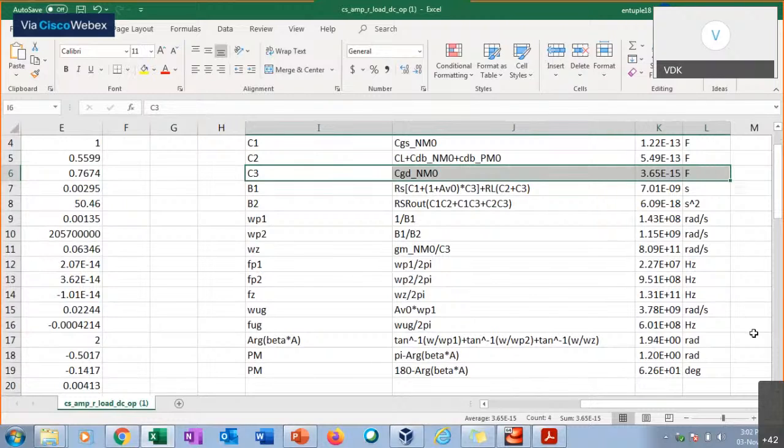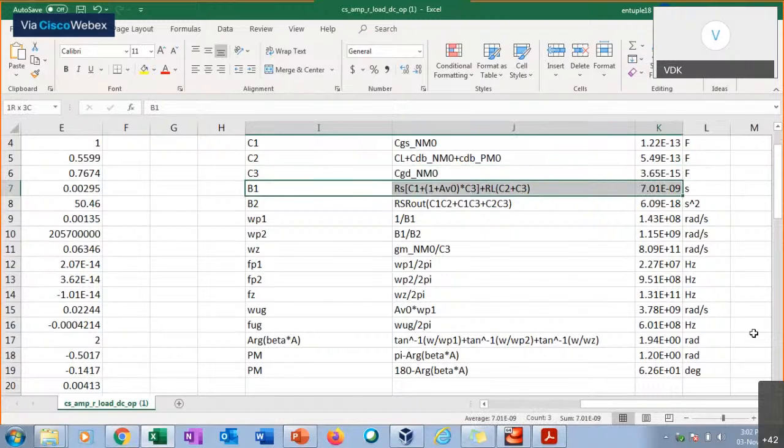Please note that CGD appears as a magnified capacitance across the input port due to the Miller effect, 1 plus AV naught. The other one is at the output port, where C2 is added with C3. C3 is again CGD, so the Miller effect is almost the same as CGD at the output. That is multiplied by RL. So that gives me B1.